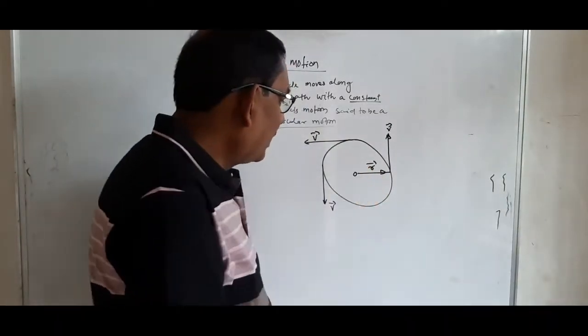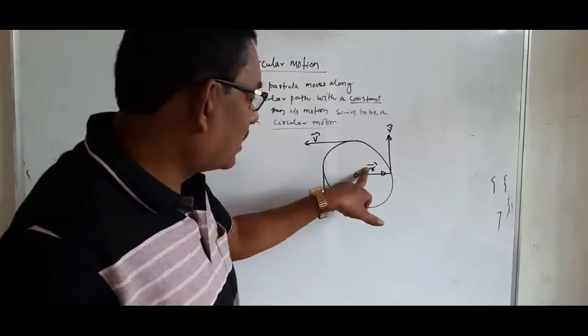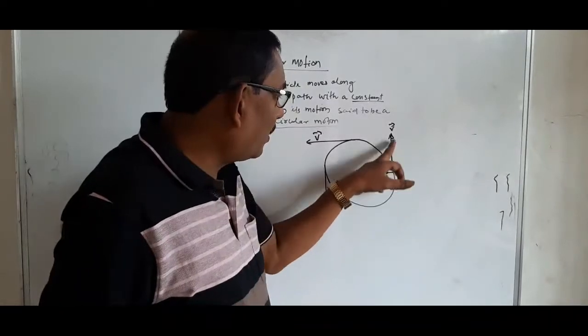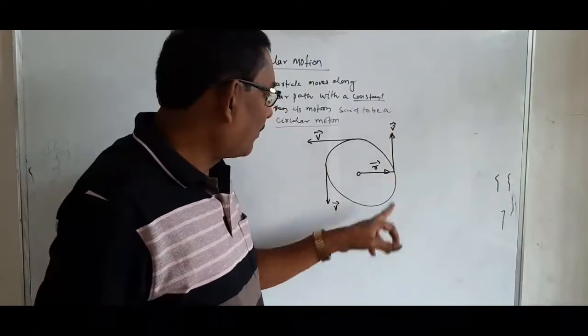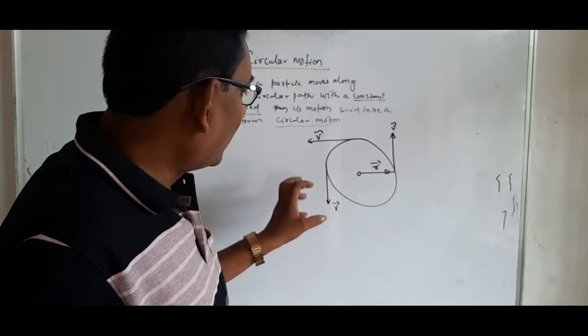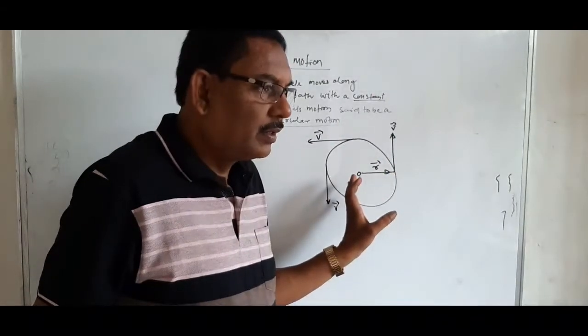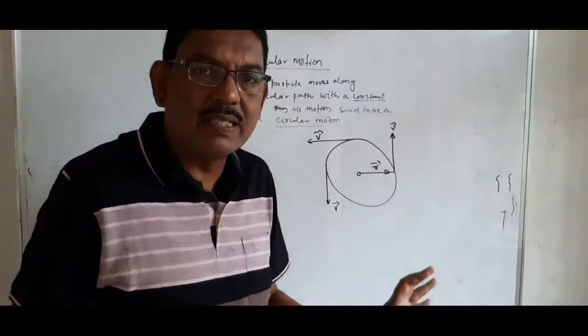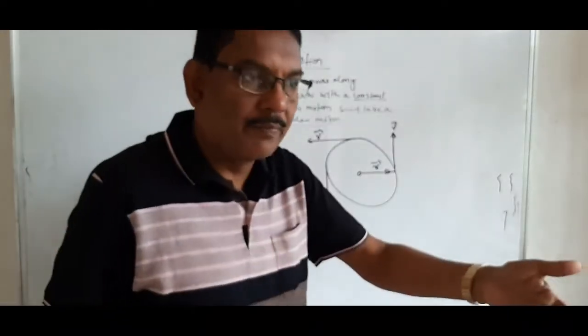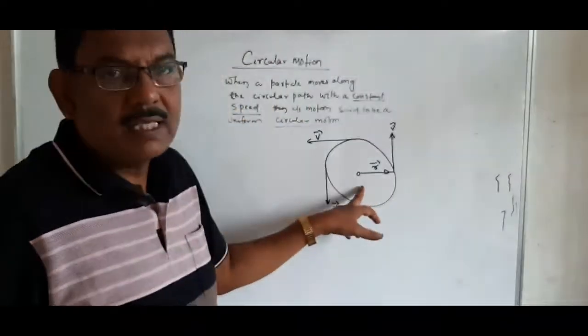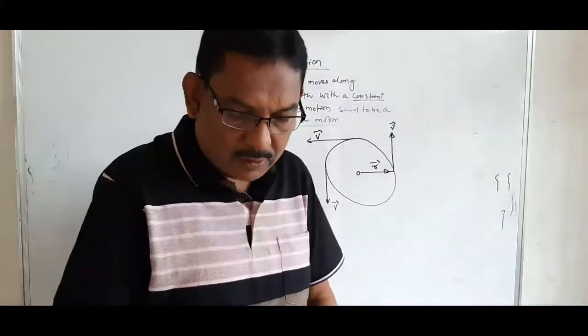Here is the diagram, and the radius vector is perpendicular to the velocity.